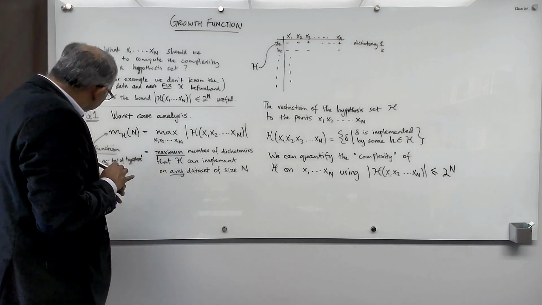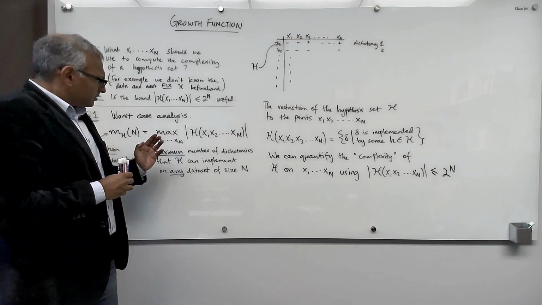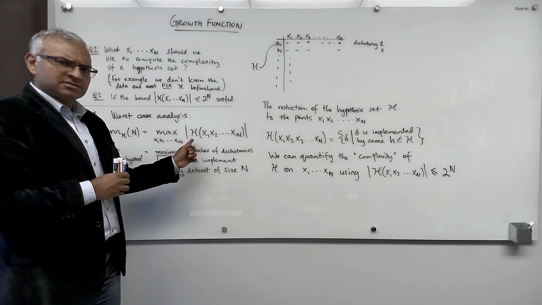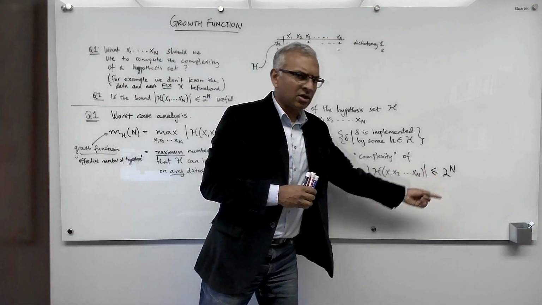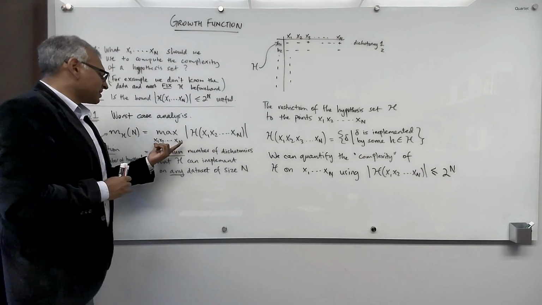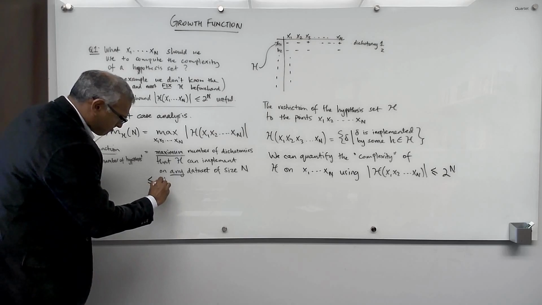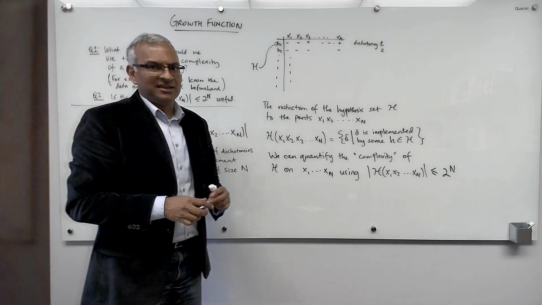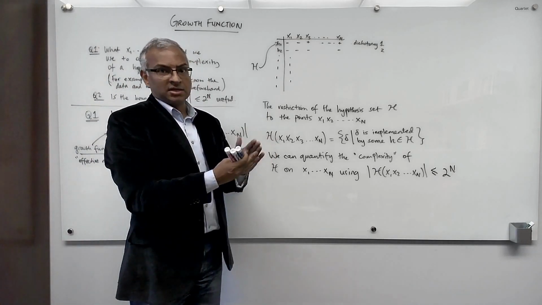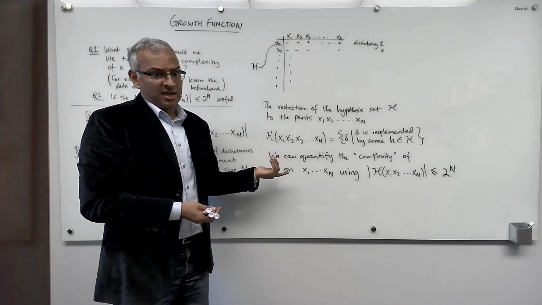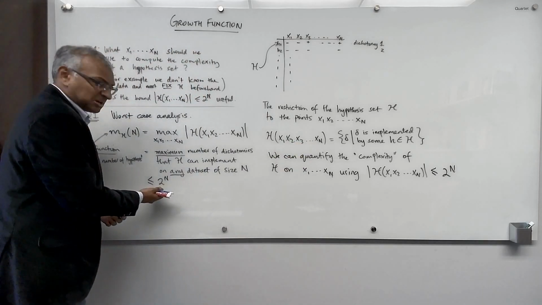Since the hypothesis set when restricted to n data points can implement at most 2 to the n dichotomies no matter what the data set, this maximum is also at most 2 to the n. Now we might be thinking, if I have a complex hypothesis set with uncountably many hypotheses, then, since I'm allowed to choose this data set, odds are that this bound is realizable, right?